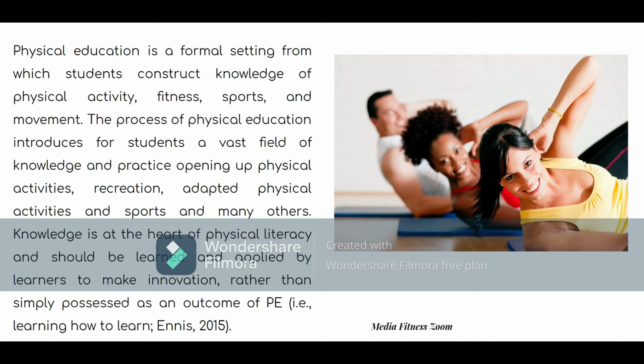Also, about recovery, how to recover faster between or after training sessions. Physical education can give you this knowledge and also skills, to form skills how you can control your physical state based on this knowledge and these techniques.